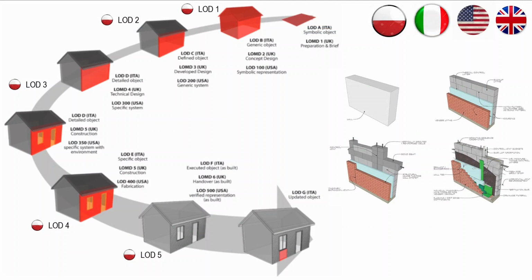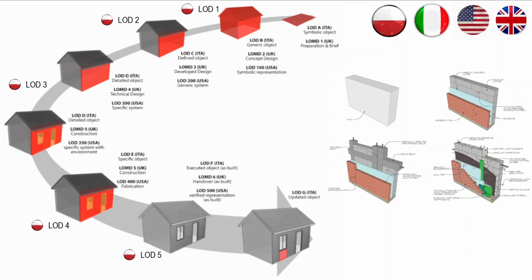Virtually every country introduces its own level of detail classifications. Unfortunately, they are not yet consistent with each other. Here I try to show these differences using the example of 4 national systems: British, American, Italian, and Polish.